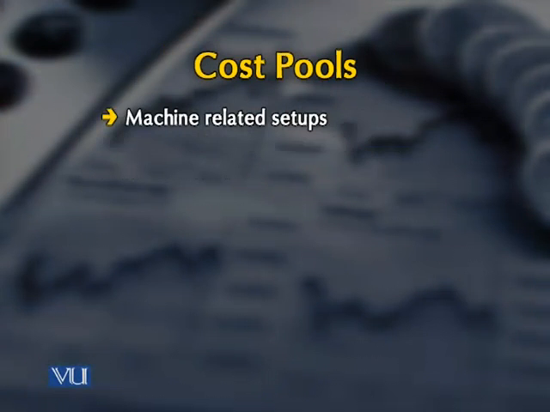Now, the cost pools in any organization, if it's a production business, number one is the machine-related setups. Let me explain what these setups are. If you look at any lathe machine operation, you ask them to do a job for us. The lathe machine has various parts, so before they start working on your job, they have to adjust their machine.